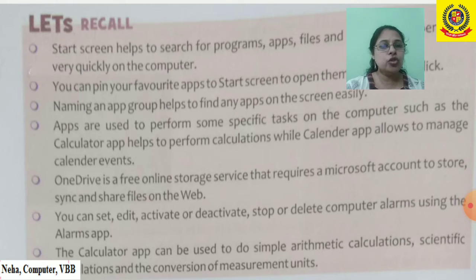Apps are used to perform some specific task on the computer, such as there are many applications we have read earlier, like calculator app. It helps us in performing calculation. Calendar app, it allows us to manage calendar events. We have done the practical of the alarms app, and there are many other apps which are quite helpful and do specific work or task on the computer system.